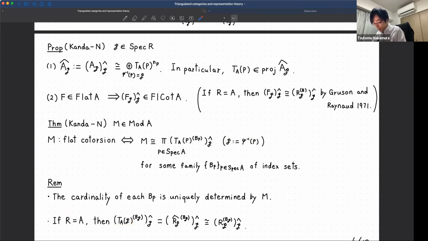And by definition, or by the Matlis duality, it is isomorphic to the p-adic completion of the local ring. And this completion can be removed once we take the completion. And this module appeared in the Enochs theorem here. So our theorem actually recovers Enochs' result.